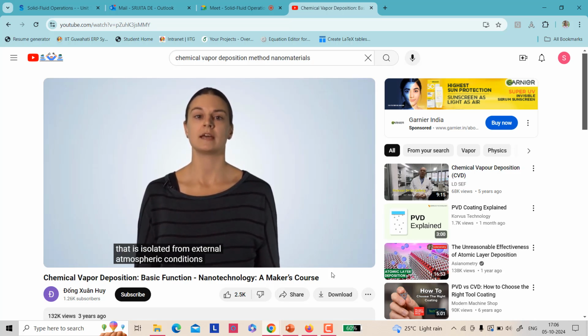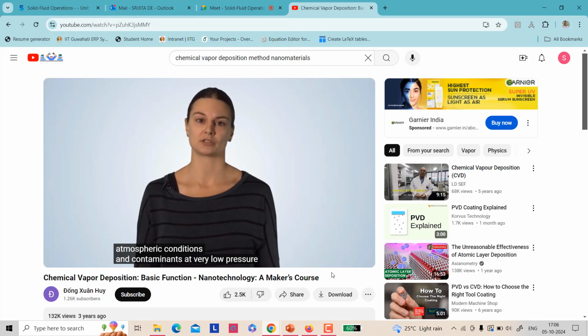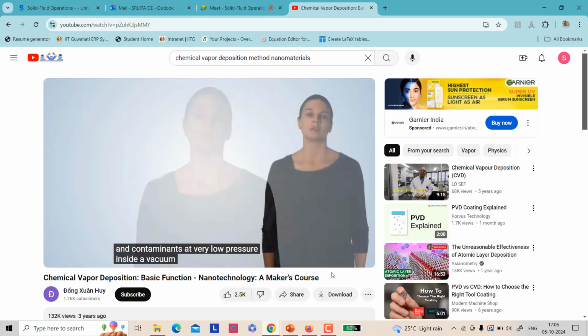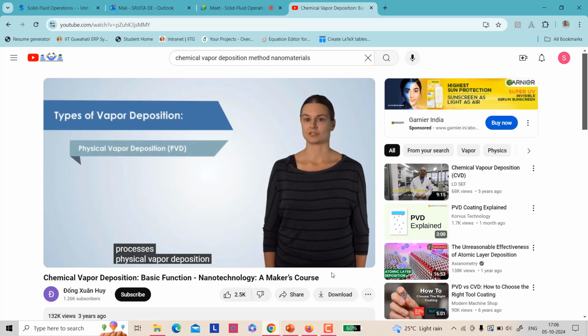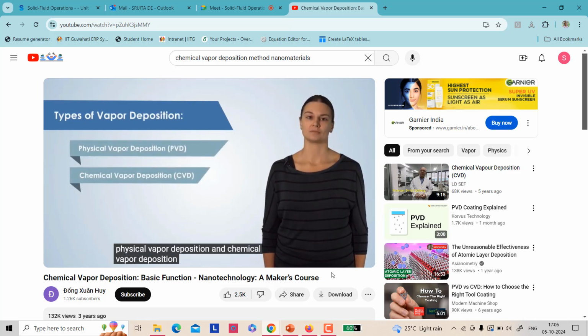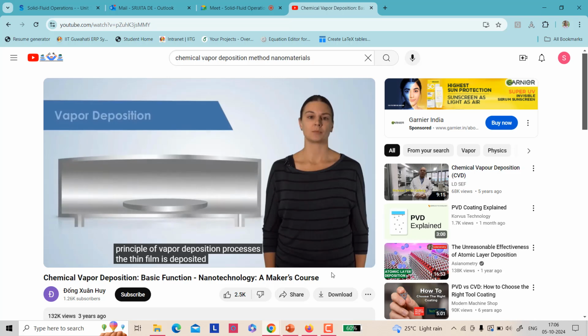The presence of the vapors along with other stimuli will cause a thin film to deposit on the surface of the substrate. The type of thin film that will deposit is dictated by the chemistry of the vapors. Now that you know the basic idea behind vapor deposition, let's talk a little bit about why it's important. Thin films deposited through processes such as vapor deposition have their own unique properties.